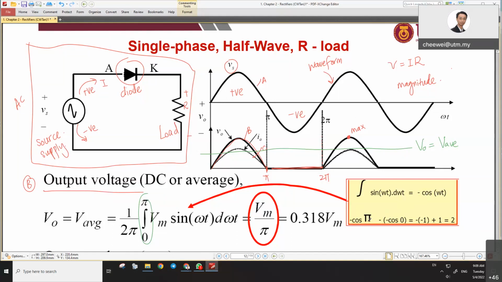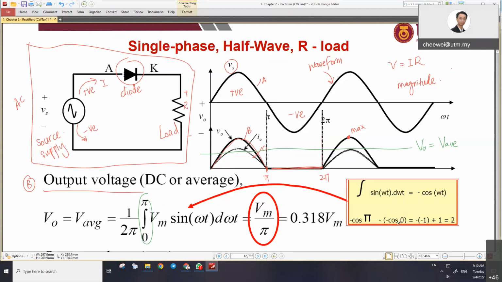Come on. What is cos pi? Cos pi is what? It's 1. Are you sure? Cos pi. Cos pi is -1.